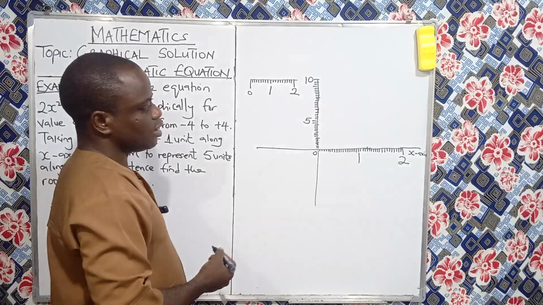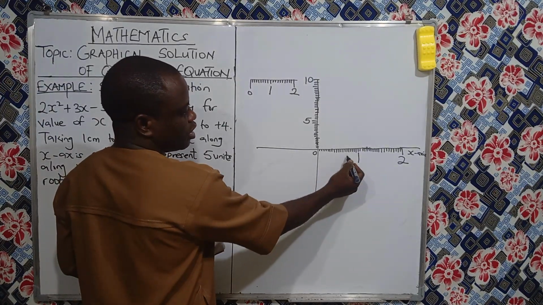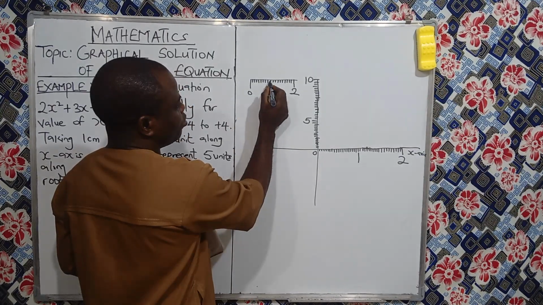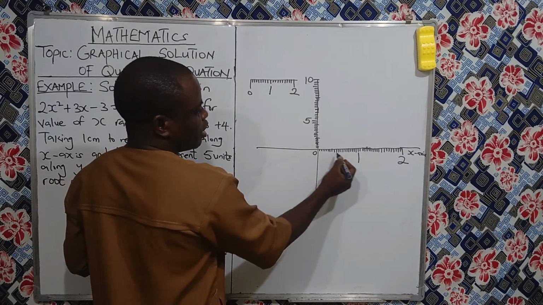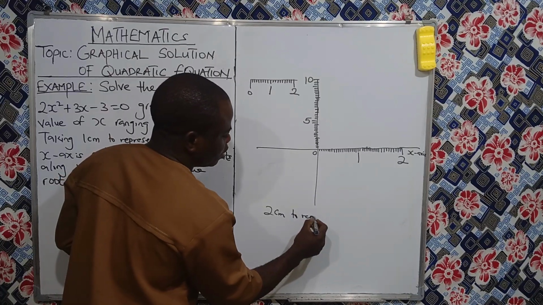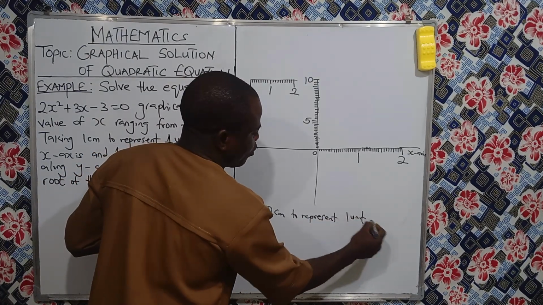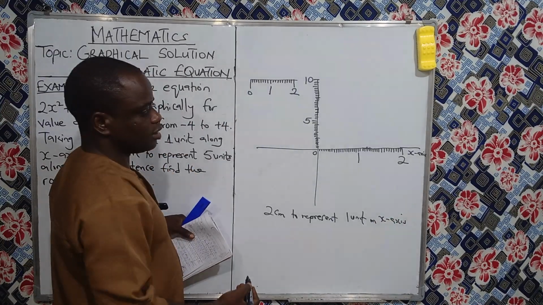That's what we discussed in our last class, that on the x-axis it will be 2 centimeters, because 1 centimeter is 10 boxes, which is 10 lines. We are now saying 2 centimeters to represent 1 unit on the x-axis.